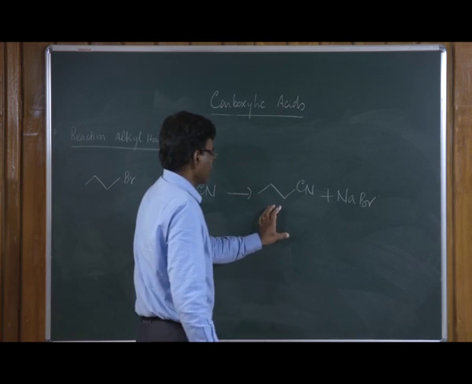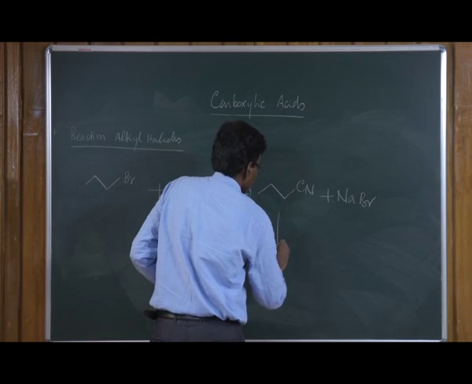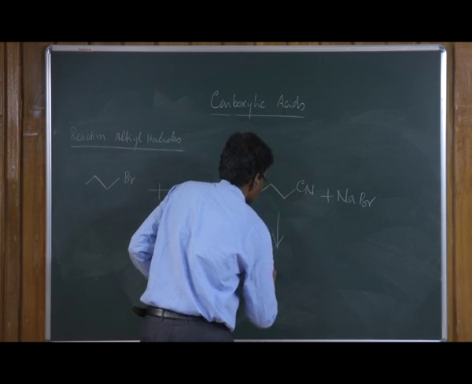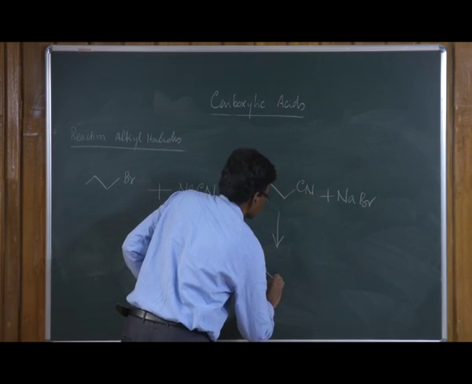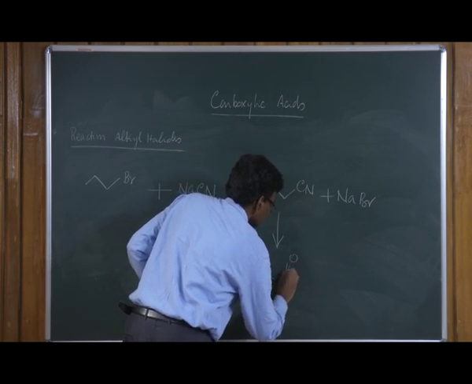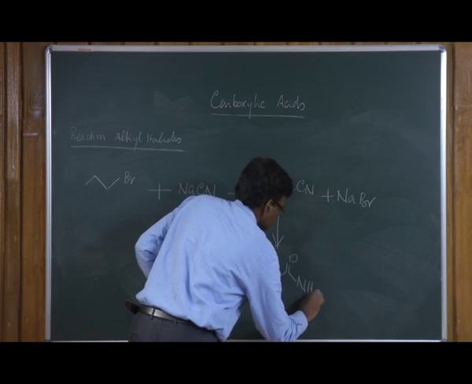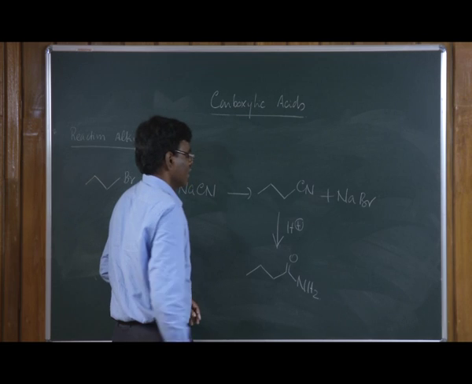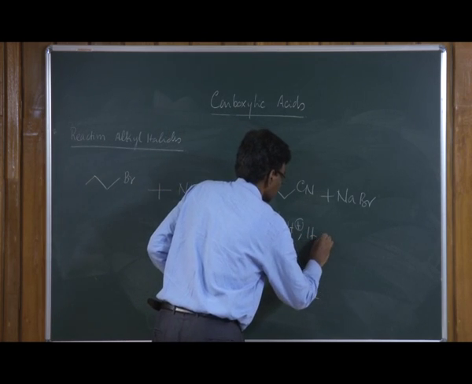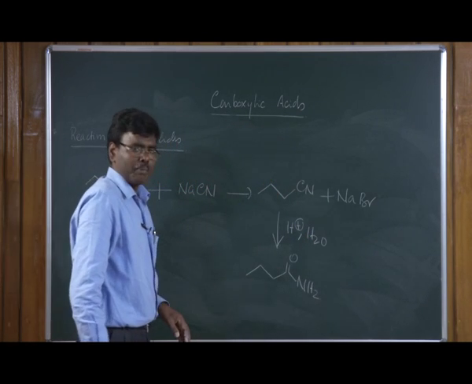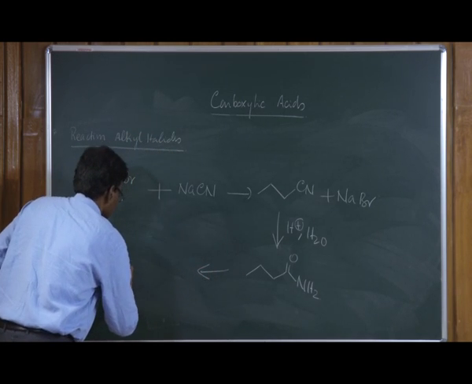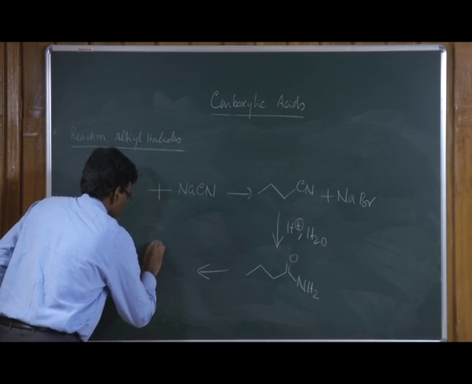Once you form the nitrile, it can be transformed to the corresponding amide by hydrolysis. When you react it, it can be transformed to the corresponding amide that can further undergo reaction to give carboxylic acid.